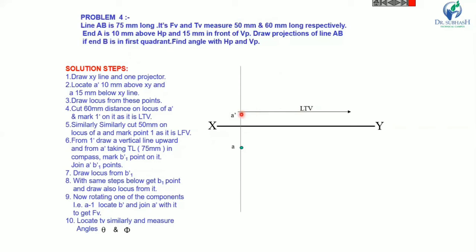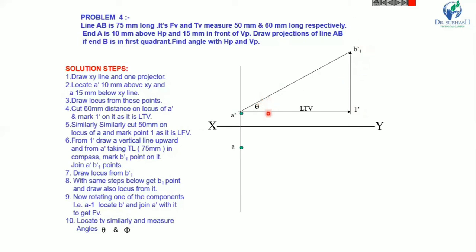So here from A dash, length of top view means the 60 mm. Mark the point 1 dash and from 1 dash draw vertical line. So now from A dash, draw a line which is of 75 mm length. It will intersect this line at point B1 dash.